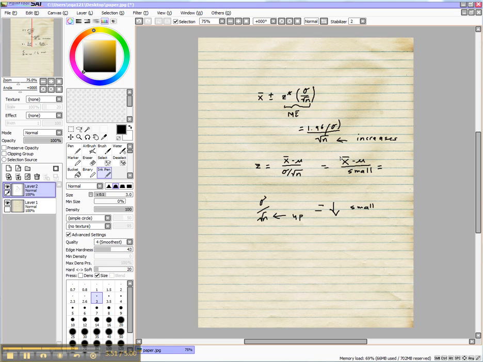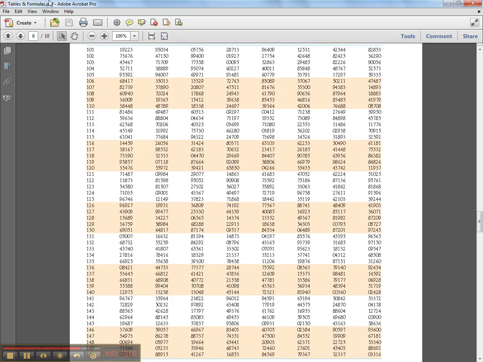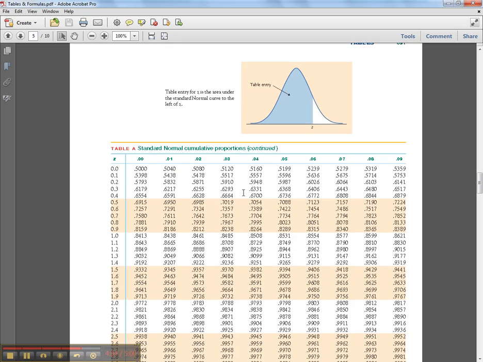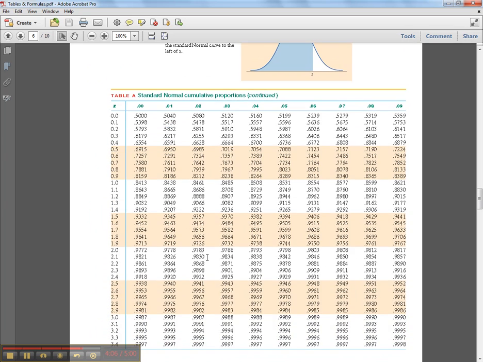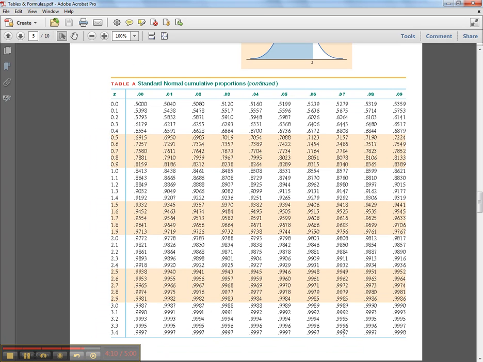So you're dividing by something small, you're going to have a big number. And remember, if we have a big z, the higher you get with our z value, so check this out. Z only goes up to actually 3.4. So if we have a really high z, like 5 or 7, it corresponds to a really high percentage.